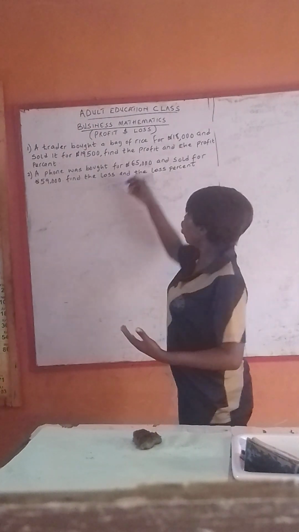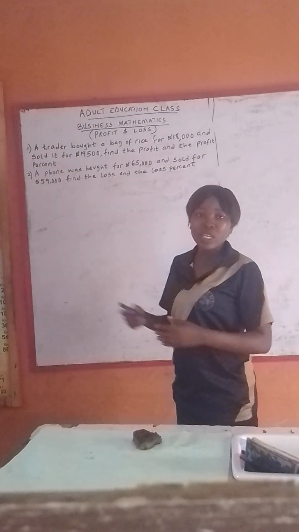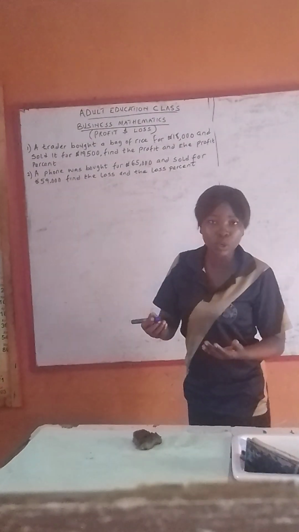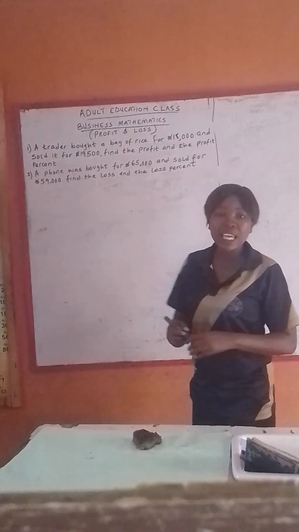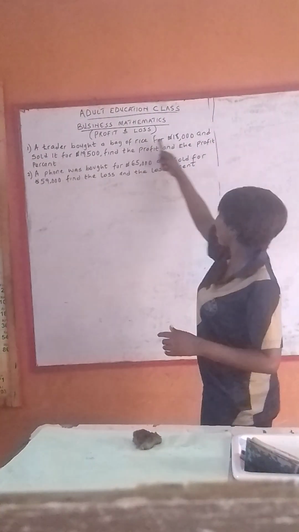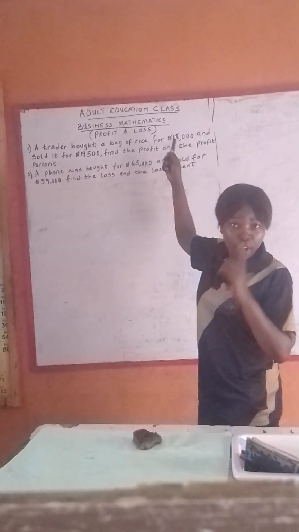But before you know, it shows that you have to bring out the amount you buy a product. For instance, if you buy a product like this article now, a bag of rice is being bought for 18,000.